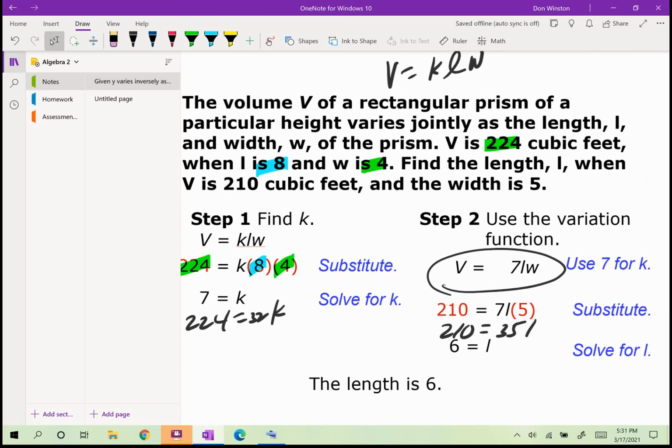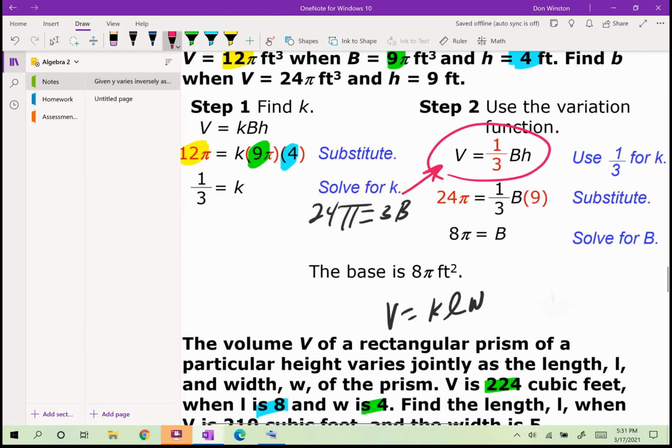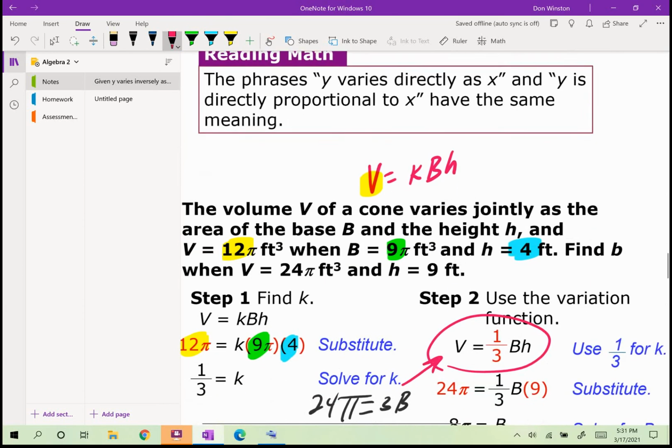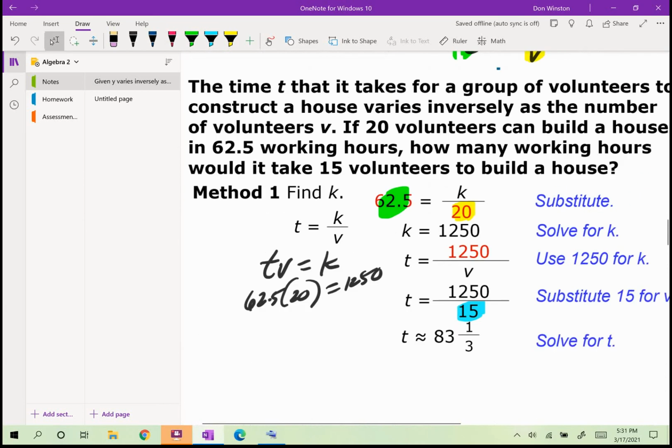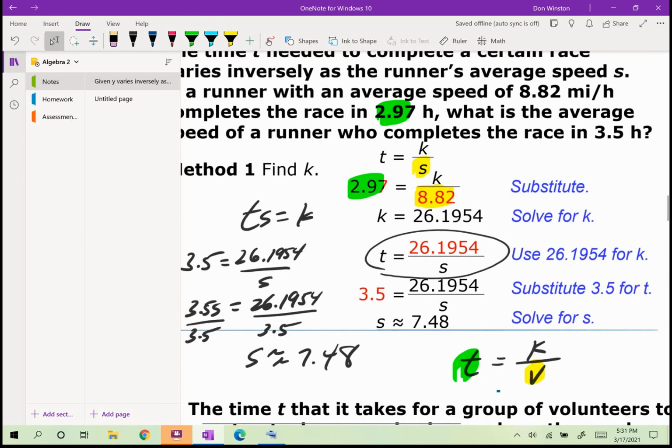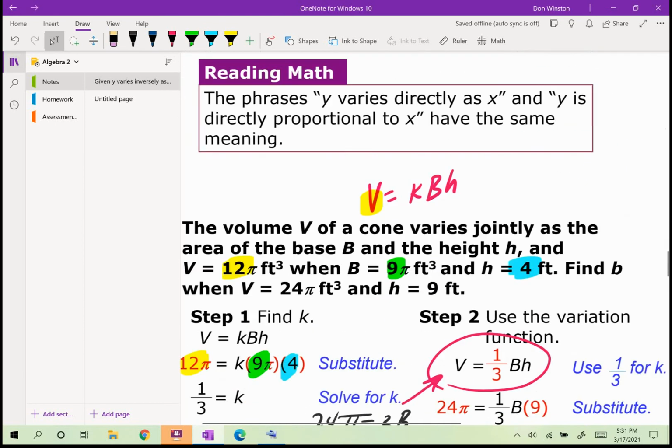We solve for K, we write the equation, and then we use the equation to answer the questions related to the problem. So that is joint variation. So we've looked at joint variation, we've looked at inverse variation, and then we've looked at direct variation.